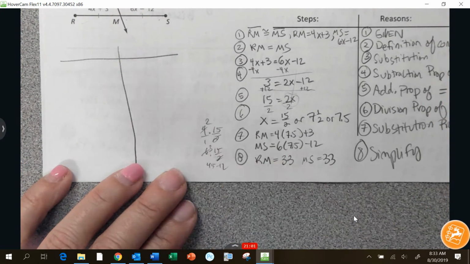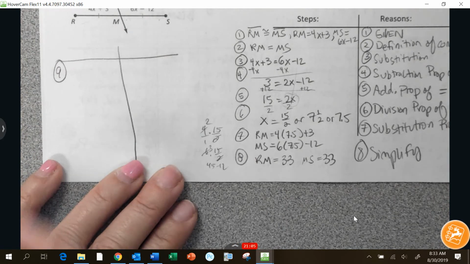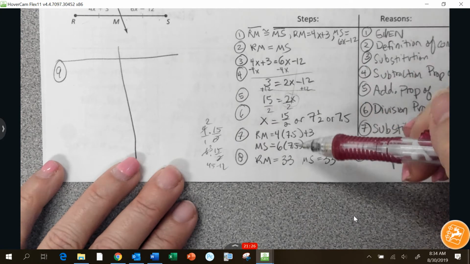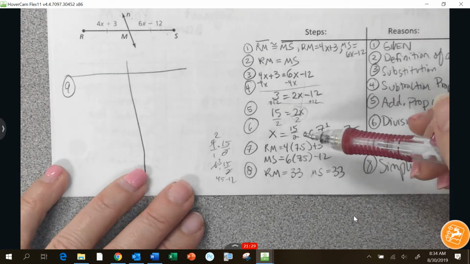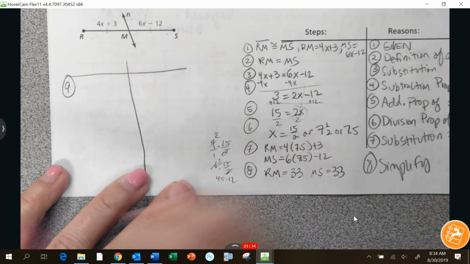I'm just going to move over here because I ran out of space. So how do I find RS? Lynn, what should we do? Is there somewhere here that says that you find RS by doubling 30, or by doubling one of these?